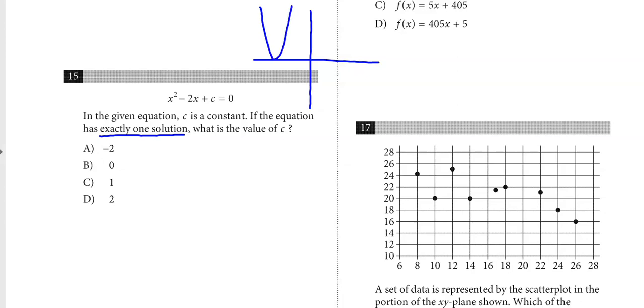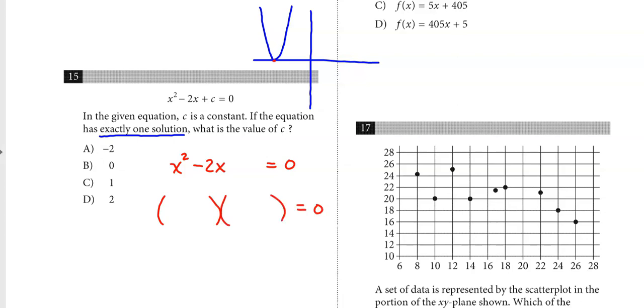So you just kiss or you're just tangent to that x-axis, which means there's going to be a double root, which kind of tells me that I'm going to get the same factor twice. And so the only way that that can happen is if this thing ends up being a perfect square.